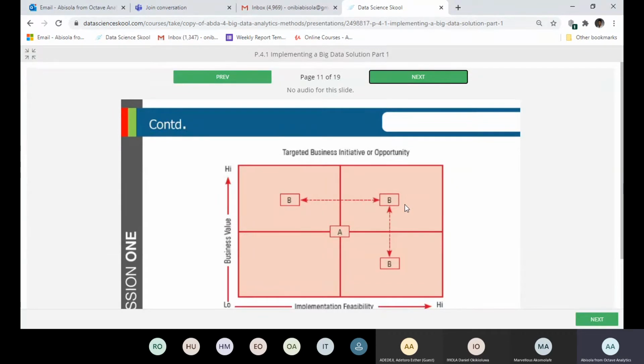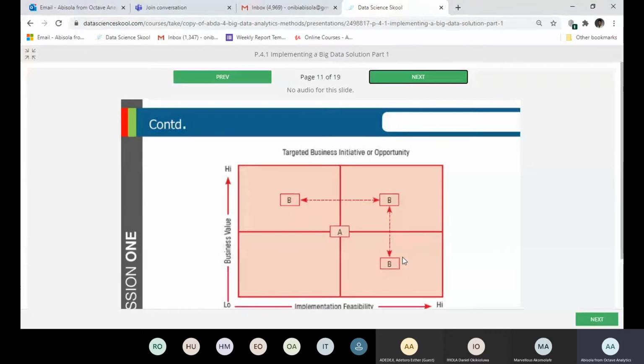So this is a very suitable use case for you to start with, because you can easily implement it and it also has a high business value. Then we have this, which is high implementation feasibility and low business value. You can easily implement it, right? But then the business value is low. It doesn't make any sense.